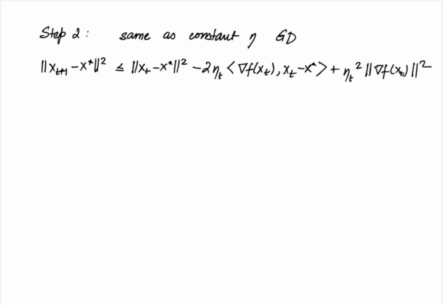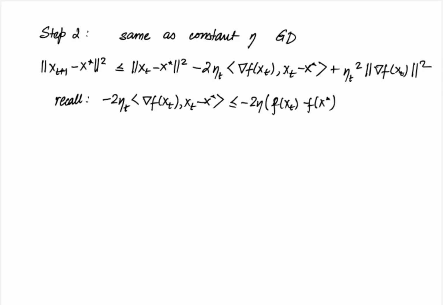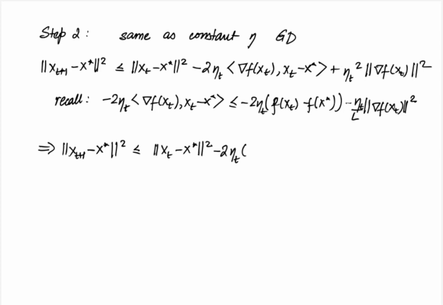And then we substitute this property of smooth convex functions, which we derived: minus 2 eta t, inner product of gradient f of xt, xt minus x star, less than or equal to minus 2 eta t (f of xt minus f of x star) minus eta t by L ||gradient of f of xt|| square. So as to obtain ||xt+1 minus x star|| square less than or equal to ||xt minus x star|| square minus 2 eta t (f of xt minus f of x star) plus eta t times (eta t minus 1 over L) ||gradient of f of xt|| square.